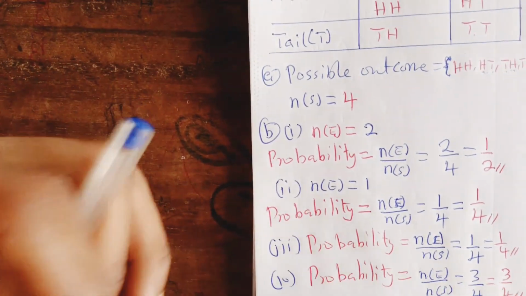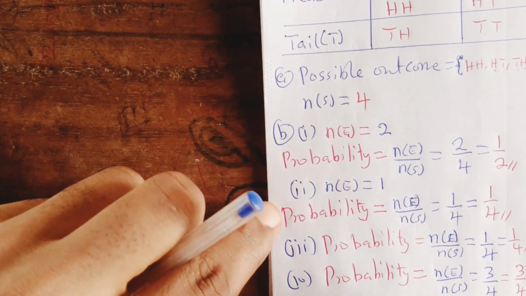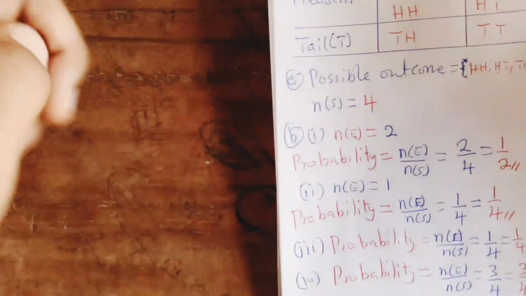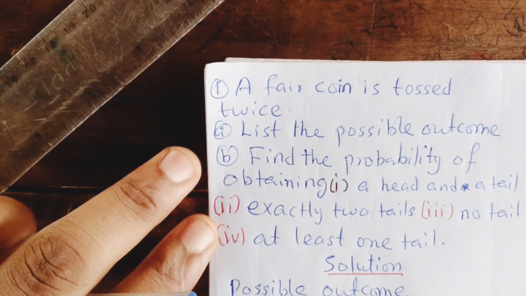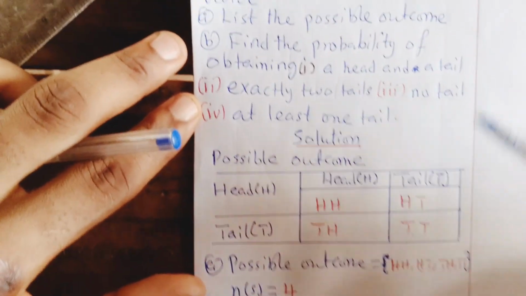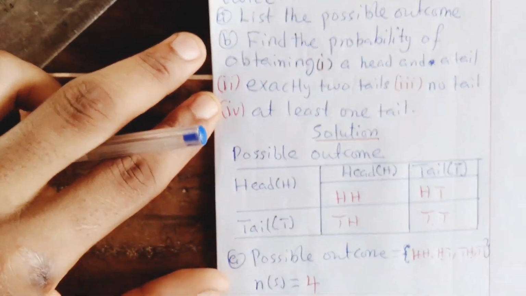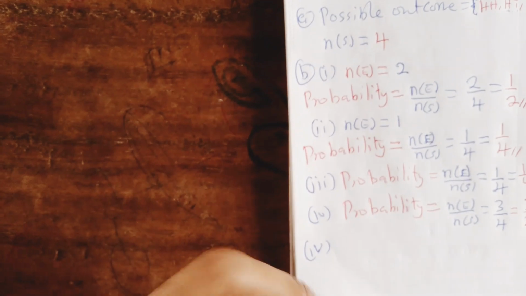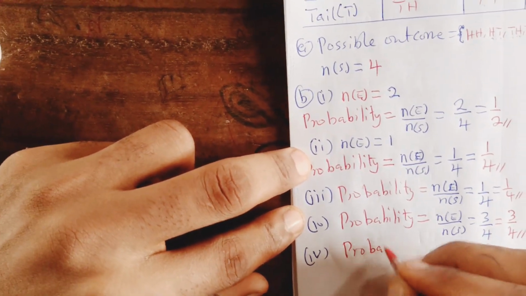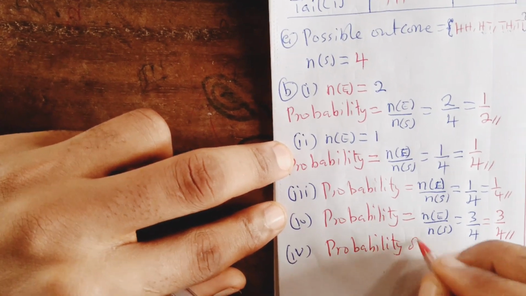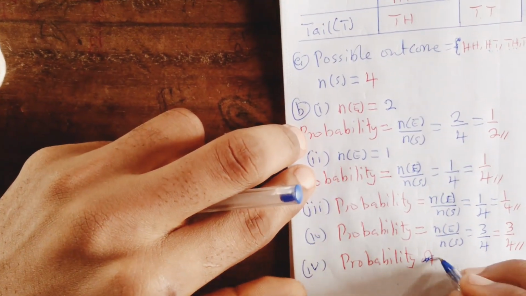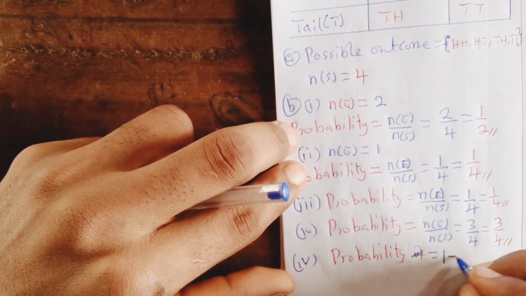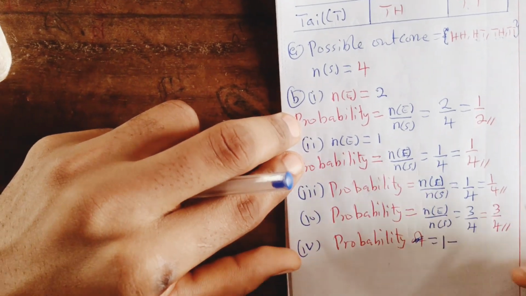And then alternatively, with the last one, Roman number 4 again, we know entire probability must not exceed 1. So if the probability of no tail is 1 out of 4, when you subtract it from 1, then you can get probability of obtaining at least 1 tail. So alternatively, probability of obtaining at least 1 tail is equal to 1 minus no tail, which is 1 out of 4.